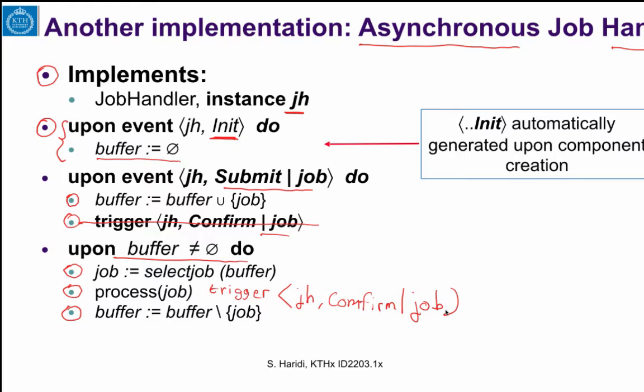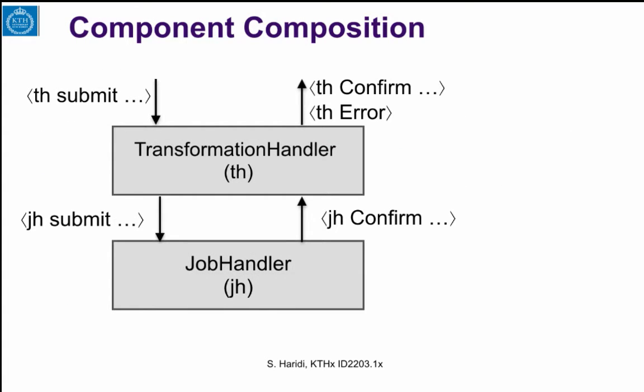This is another implementation that satisfies the specification, but now you can see that the output could be a sequence of submits followed by a sequence of confirms, which is quite different from the original sequence allowed by the formal implementation. We can go further and compose components together.